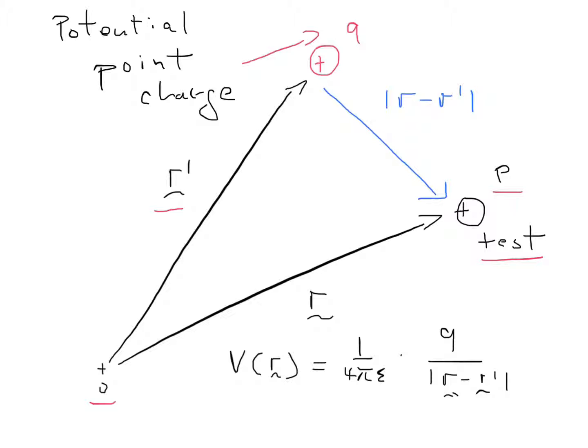It turns out to be equal to 1 on 4 pi epsilon, which is a consequence of the SI system, times the magnitude of that point charge Q divided by the separation between the point of interest and the point charge Q, the source charge, and that's equal to the magnitude of the difference r minus r prime. So the potential of a point charge mathematically is equal to 1 on 4 pi epsilon times Q divided by the difference vector magnitude, r minus r prime magnitude.